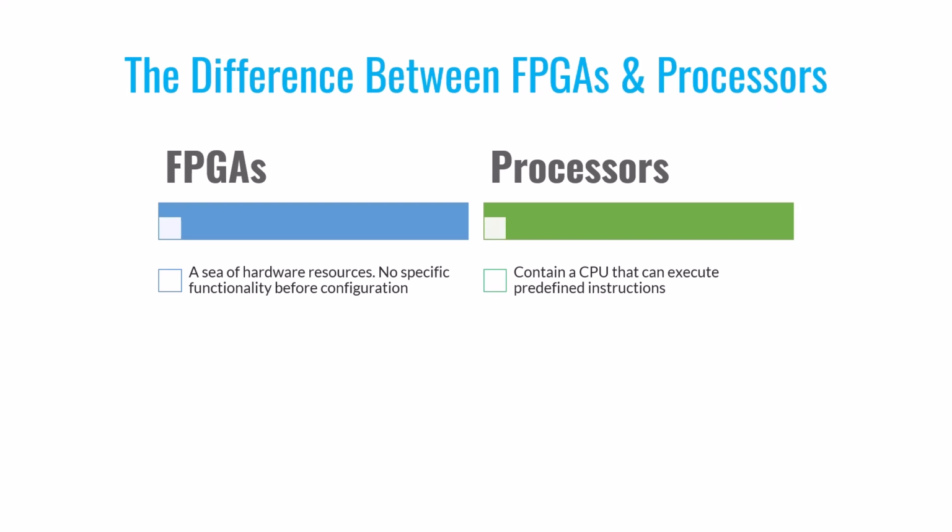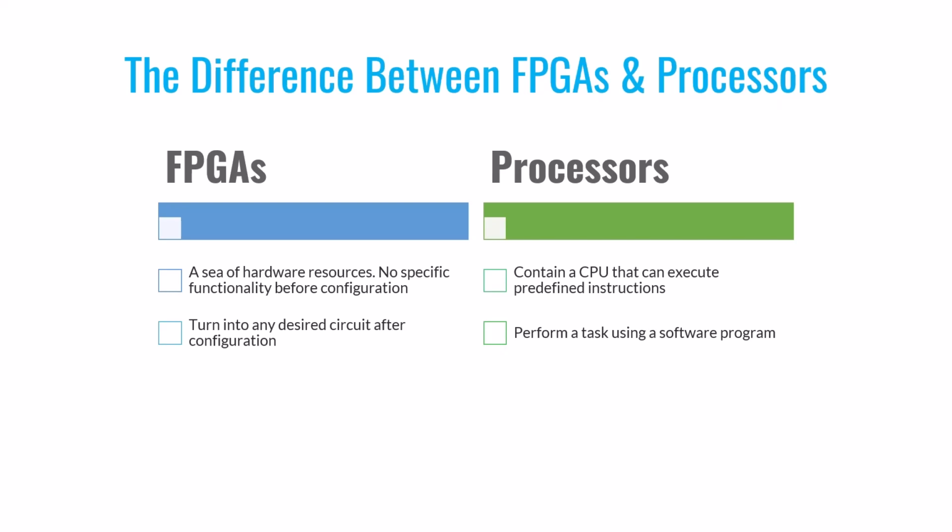Now, let's dig into the second difference between processors and FPGAs. When you work with processors, you can define specific functions by writing programs. Think of it like giving your processor a set of instructions to follow, and it executes those instructions one by one. For instance, you can use predefined instructions for the processor and arrange them in a sequence to create a particular function.